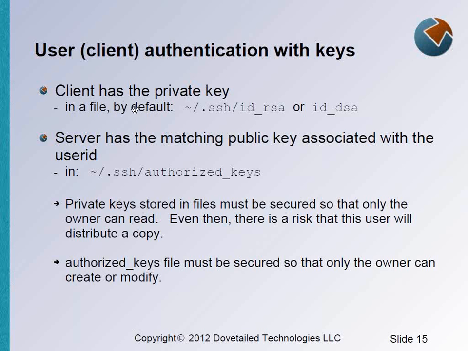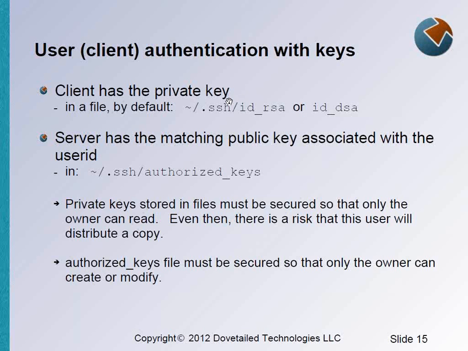By default, if you create a private key, you could put it in the home directory on the client, in the .ssh directory, in a file called ID_RSA or ID_DSA. But you could have that key in different files, and there's an option on the SSH client command where you can give the name of the private key file you want to use.